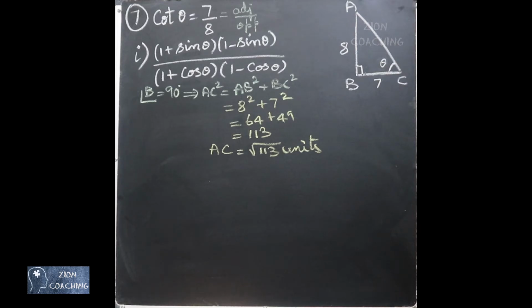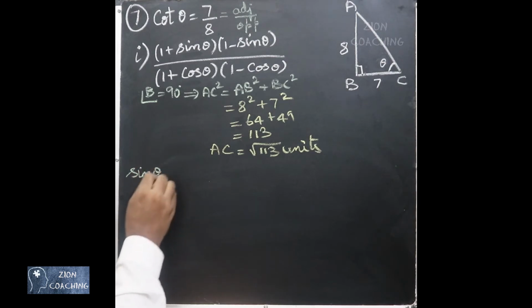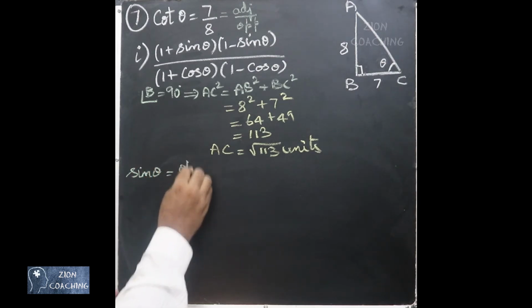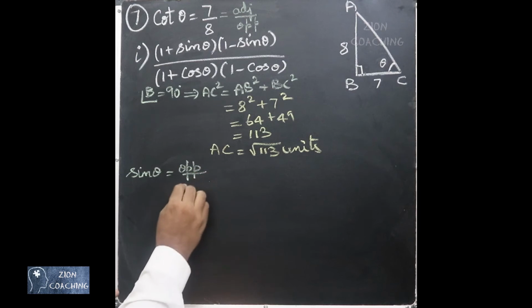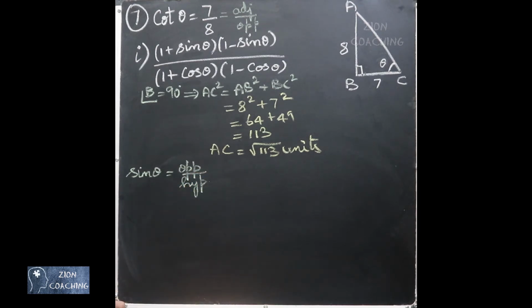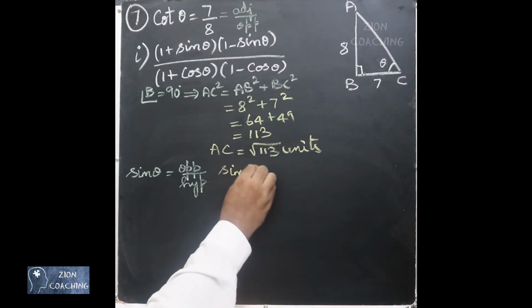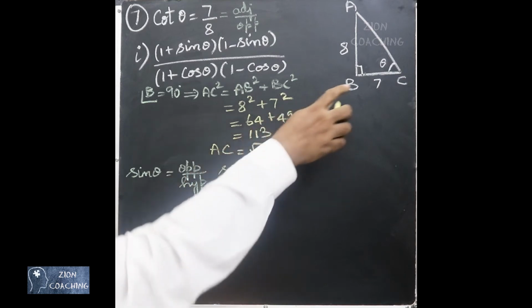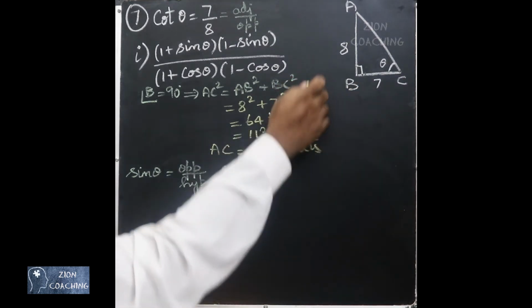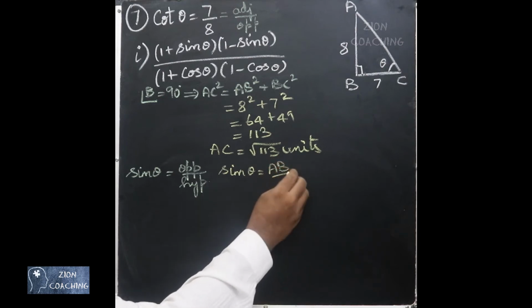You know that sin theta is equal to opposite side by hypotenuse. So we are going to have sin theta is equal to, you can see that when you consider that angle theta, opposite side is AB and hypotenuse side is AC.